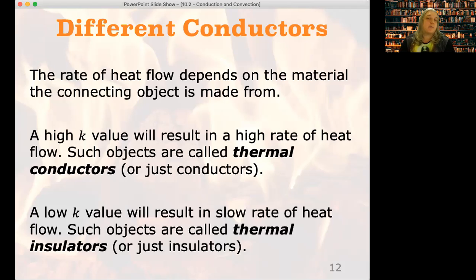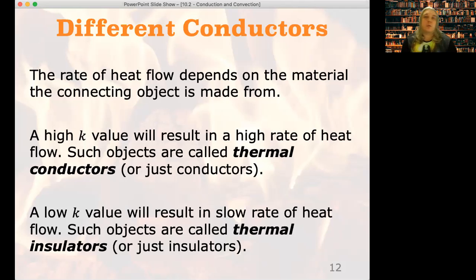It shouldn't be any surprise that a high k value will mean a high rate of heat flow. We call those thermal conductors, or we sometimes just say conductor. And for a low k value, one that is not very good at passing that energy along, we'll call it a thermal insulator, or again, just an insulator.